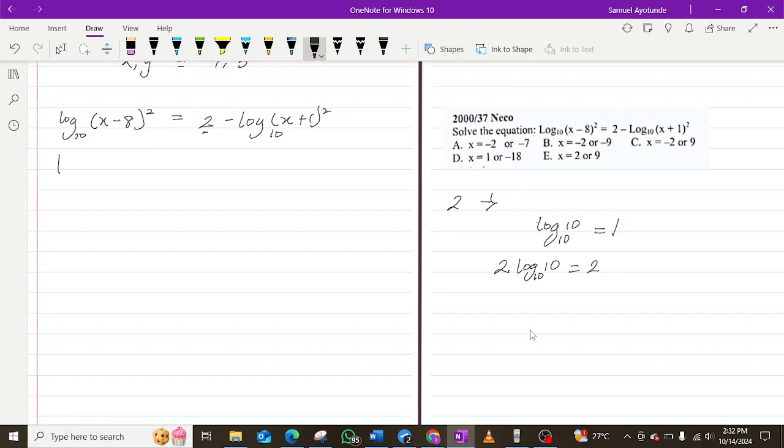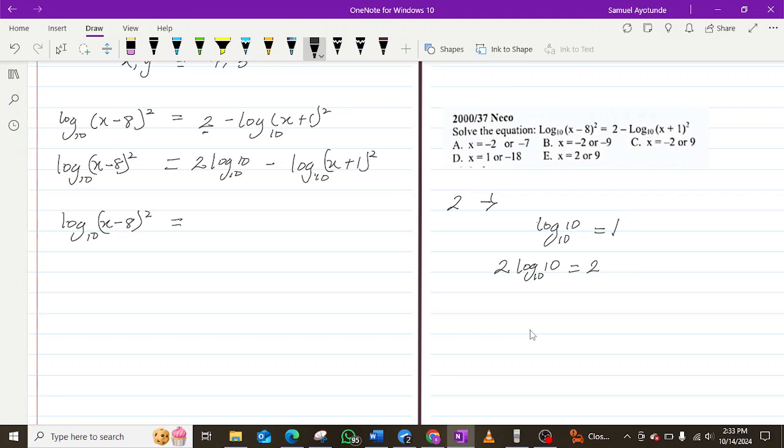So I will have log of (x minus 8) in brackets square base 10 is equal to 2 log base 10, argument is also 10, then log of (x plus 1) square base 10. So from here, I have log of (x minus 8) square base 10 will be equal to, I take the coefficient to the power.